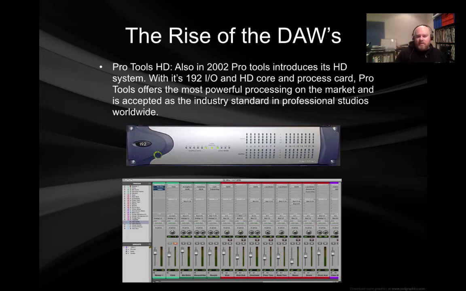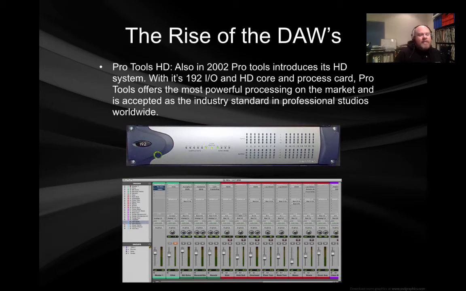But for professional studios, it was the HD racks which really did the business. And being the industry standard, if you had Pro Tools at home, you could work on that project and then take it to a professional studio, and it would open up in the HD version of Pro Tools.